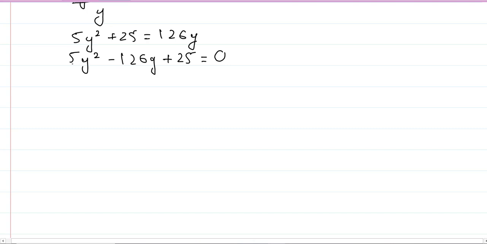As you can see here, 5 times 25 will be 125 y squared, and the middle term is minus 126 y. So we have to think about two values whose product is 125 y squared and whose sum is minus 126 y.